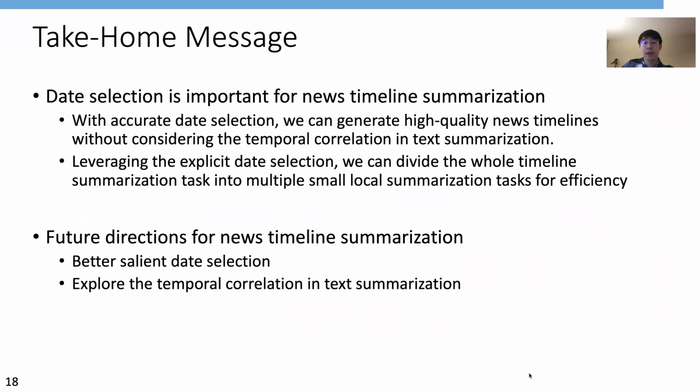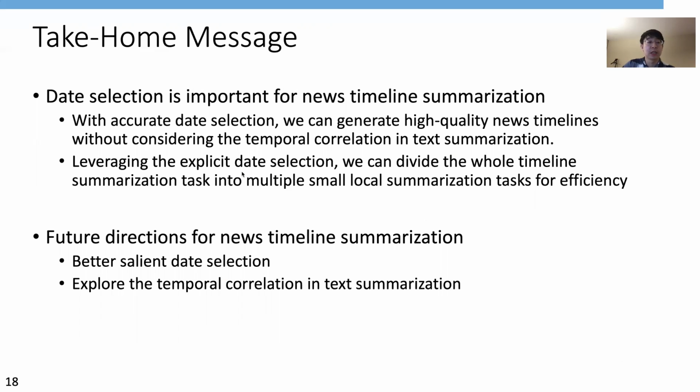So the take-home message here is that even if date selection is overlooked in the existing news timeline summarization methods, it's very important. As shown, with accurate date selection, we can generate high-quality news timelines without considering the temporal correlation in text summarization.